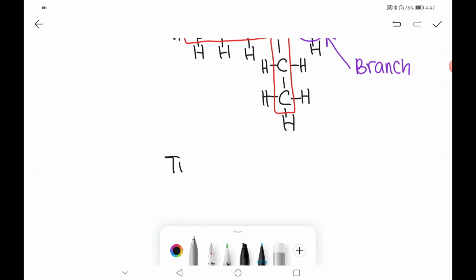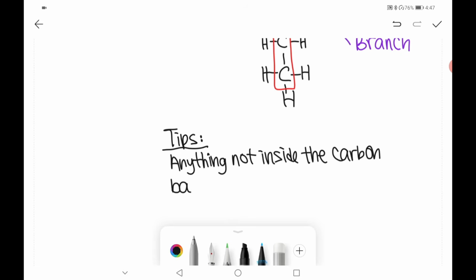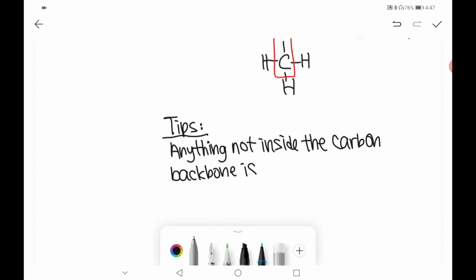So let me write a tip here. Anything that is not inside the carbon backbone is a branch, except hydrogen.